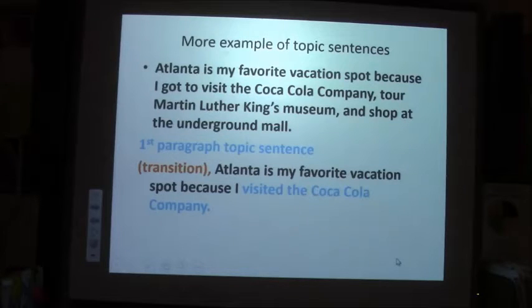Now, some transitions we know we could say are initially, to begin, or to start off. But since this is a presentation that's more geared towards middle school and high school students, we will try to stay away from immature language like first. Okay? We're going to let the elementary school students have that.